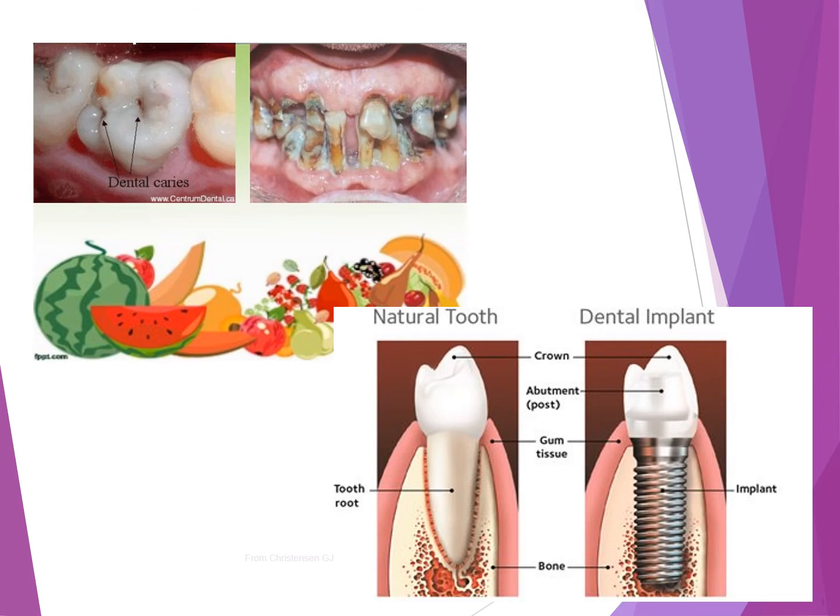So what they would go ahead and do is remove the affected teeth, and then they're going to go ahead and put an implant into the bone. And sometimes they can do this all at once, but sometimes it's a multi-step procedure where you have to wait for the implants to heal in the bone and then bring the individual back to put the actual teeth in to the implants.